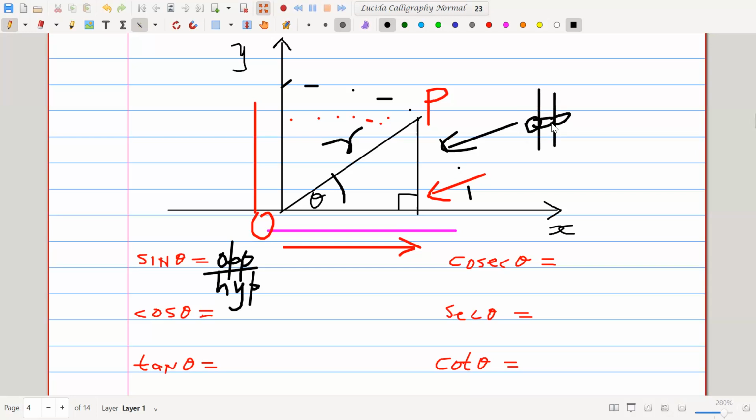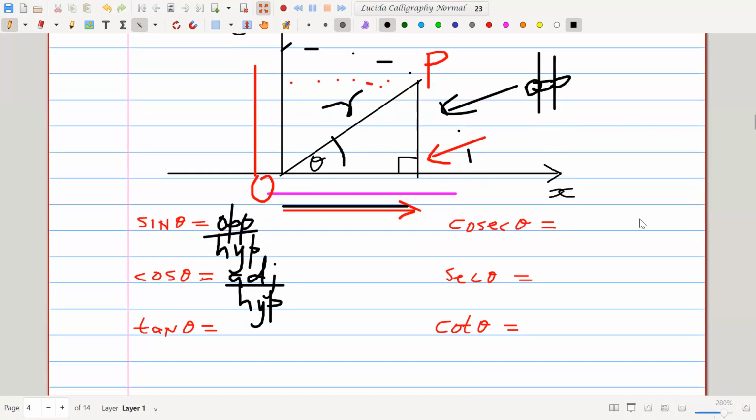And when we define cosine, we define it as the adjacent side to our angle over hypotenuse. So what is adjacent to our angle? That's the adjacent side, which is defined by x.